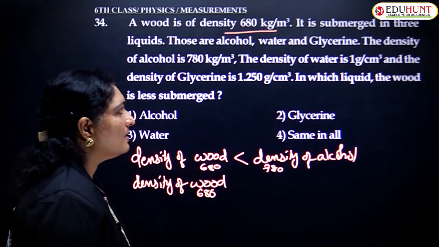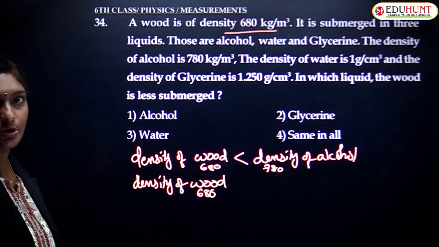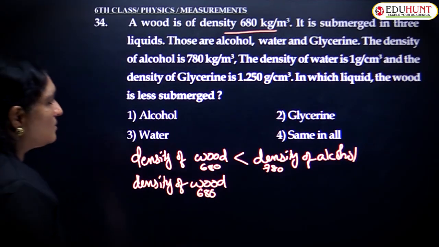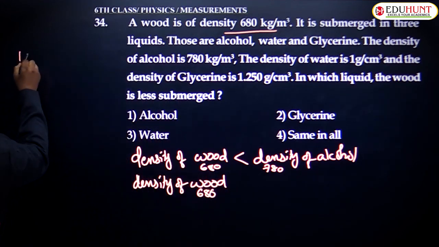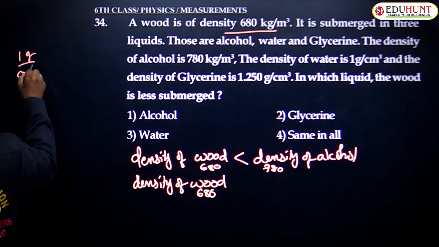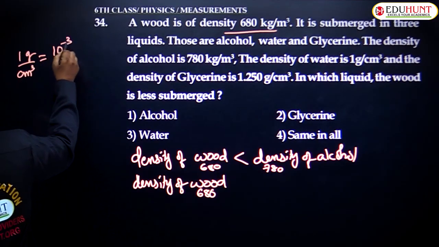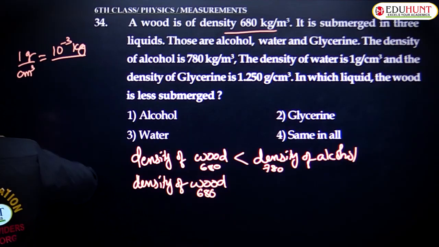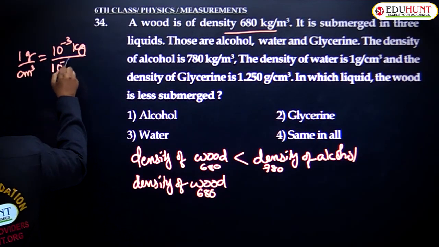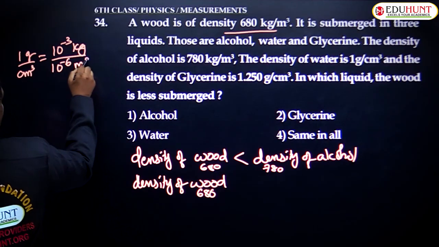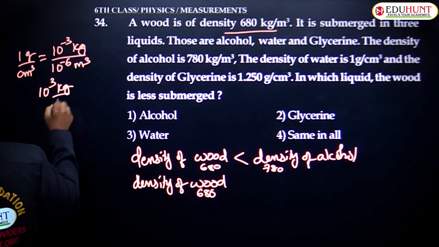To convert gram per centimeter cube into kg per meter cube, what you need to do is convert it. So how much is that? 1 gram per centimeter cube: 1 gram means 1 by 1000, 10 power minus 3 kg, and 1 centimeter cube means 10 power minus 6 meter cube. So finally minus 6 goes upwards, meaning 10 power 3 kg per meter cube.